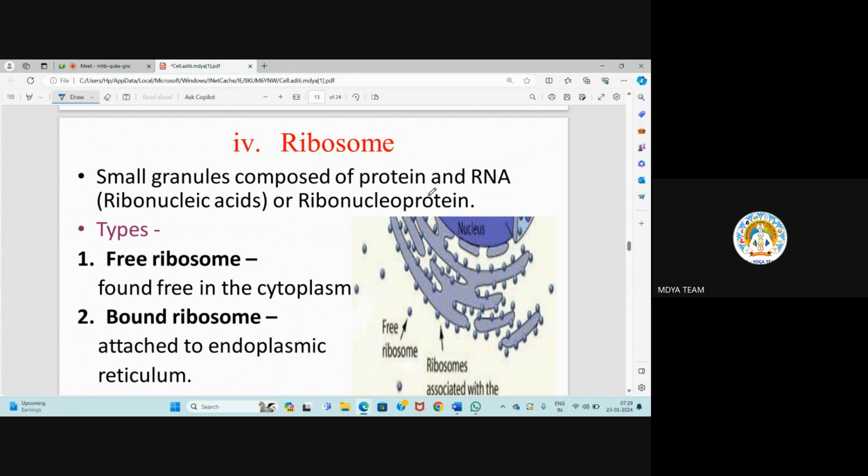So, ribosomes are of two types: free and bounded. Those ribosomes which are bounded with endoplasmic reticulum and make it rough endoplasmic reticulum are bounded, and those which are freely moving in the cell are free ribosomes.